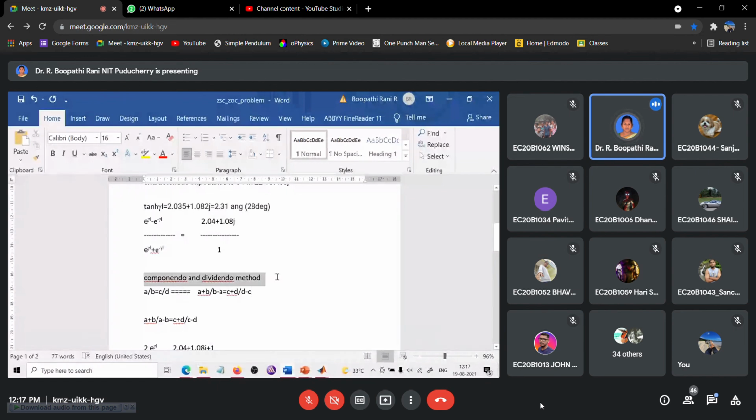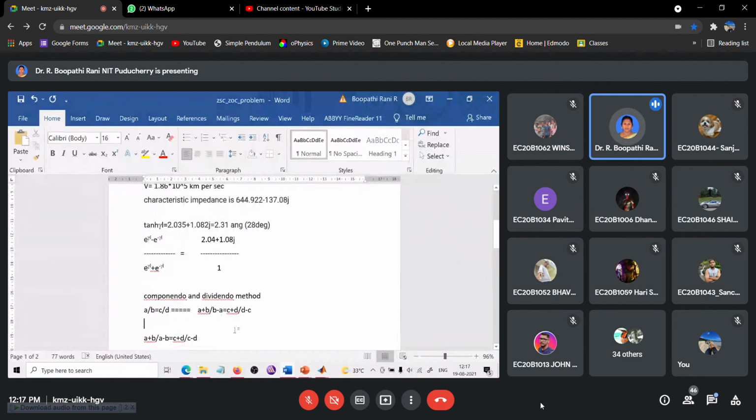So if the ratios are like A by B equal to C by D, then it will be equal to A plus B divided by A minus B equal to C plus D divided by C minus D, or A plus B divided by B minus A equal to C plus D divided by D minus C. Okay, this you need to use. All of you take down these values.